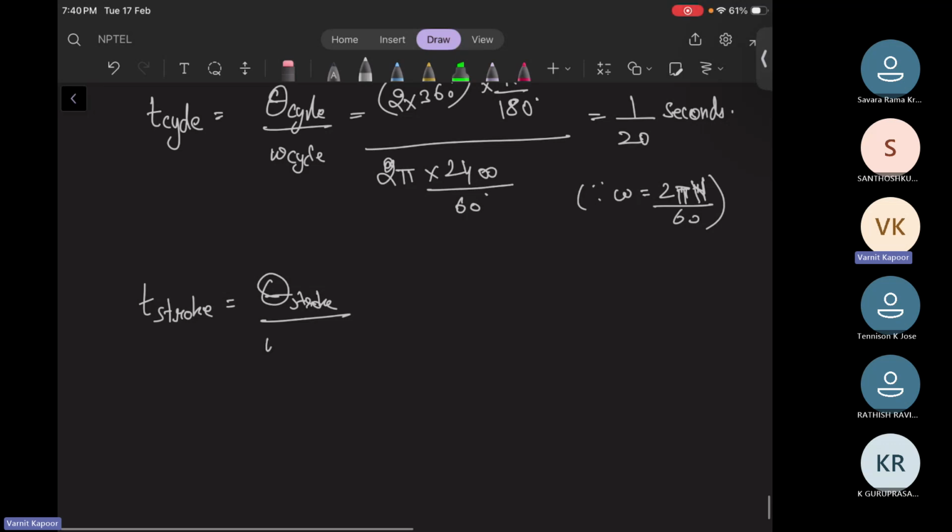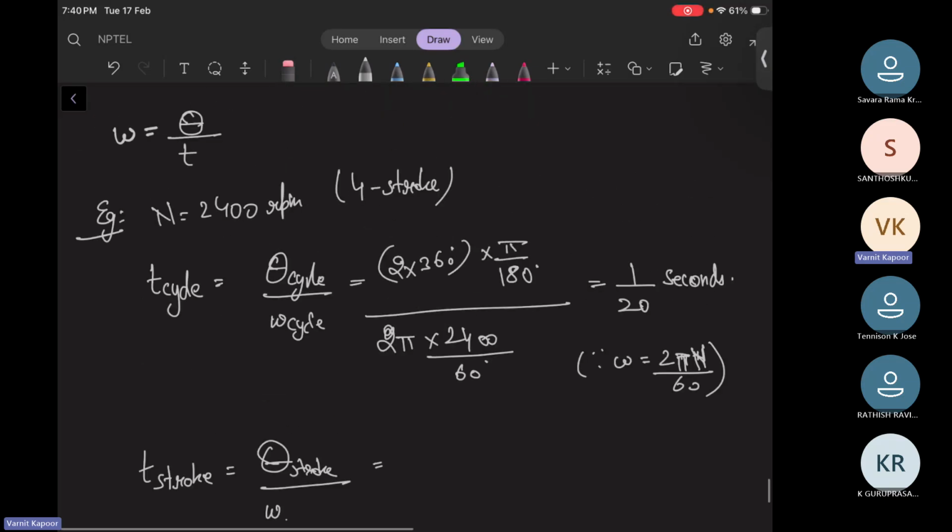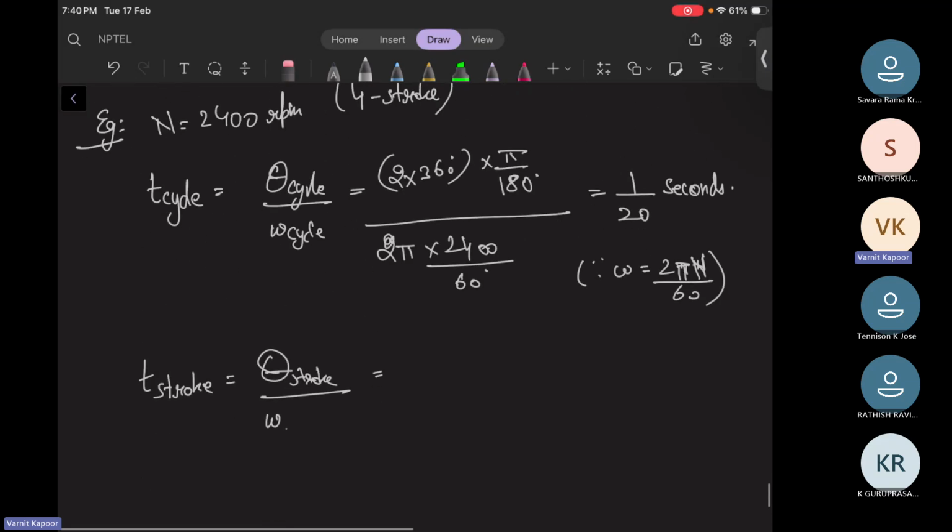to that of omega, which is given to you in terms of RPM. Omega will always be constant. It is not specific to a stroke or a cycle, because my engine is running at 2400 rpm, constant angular velocity.